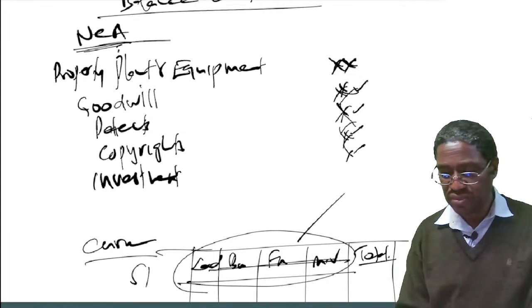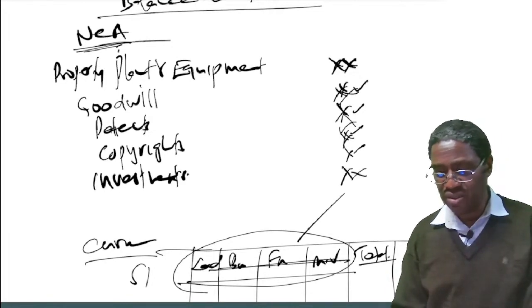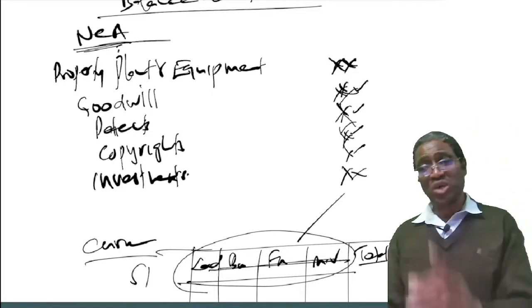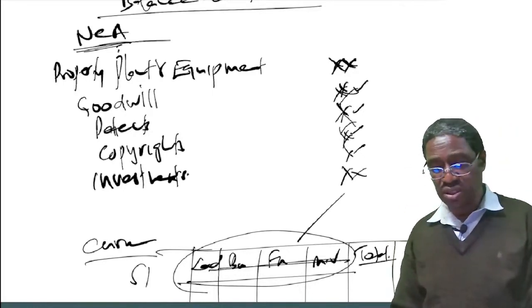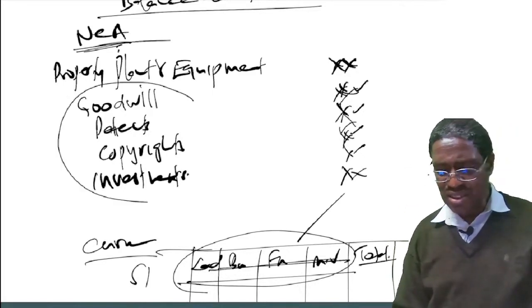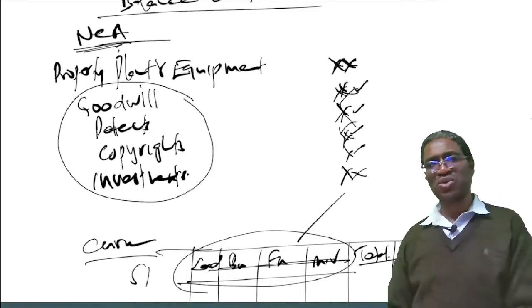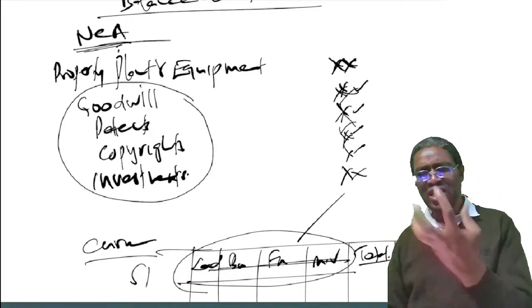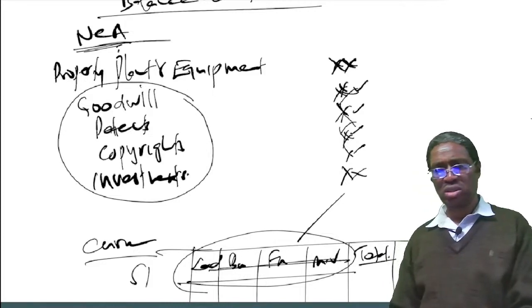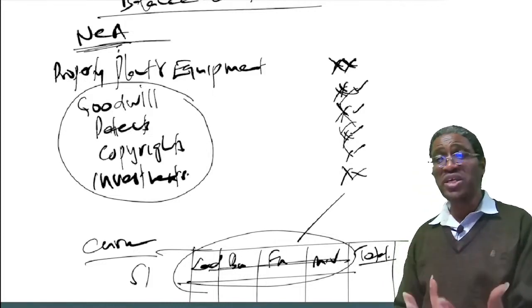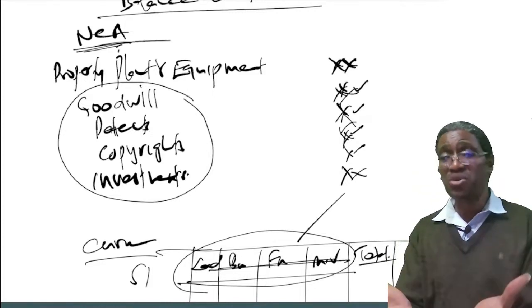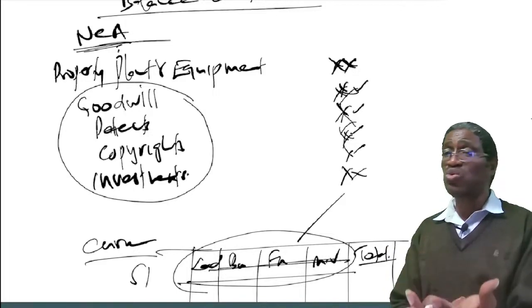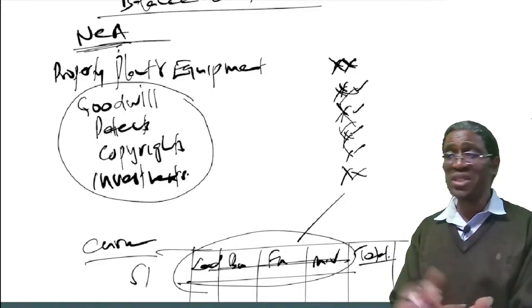Investments, whatever it is. Now, listen. I hope you have noticed that all these other assets I've shown have something in common. The common thing is they are not tangible. You don't touch goodwill, patents, copyrights, investments.